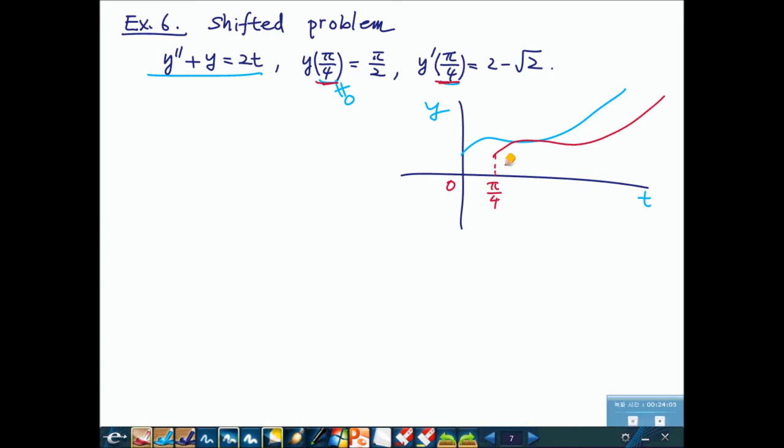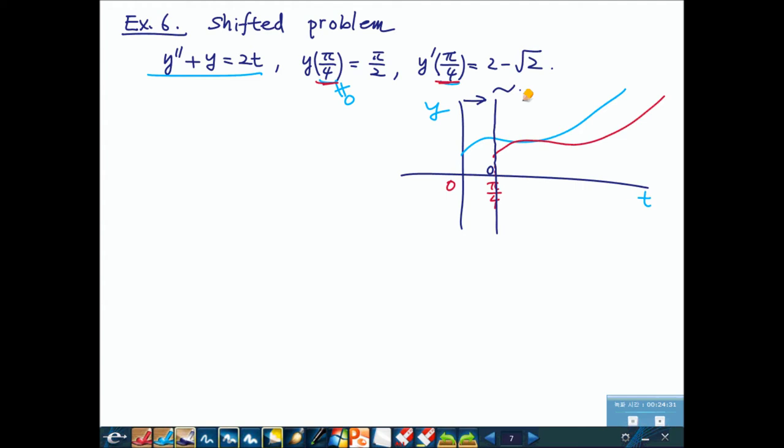And then what we do is substitution. We are moving the axis to here, so that it becomes 0 here, at this coordinate. This is the tilde coordinate, let's say.